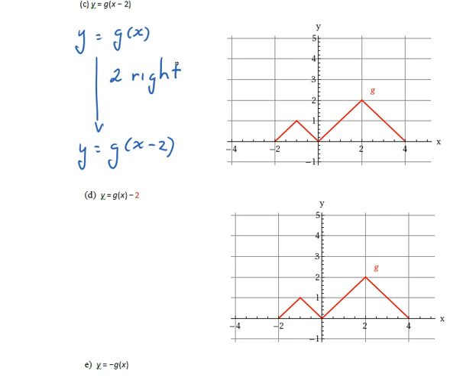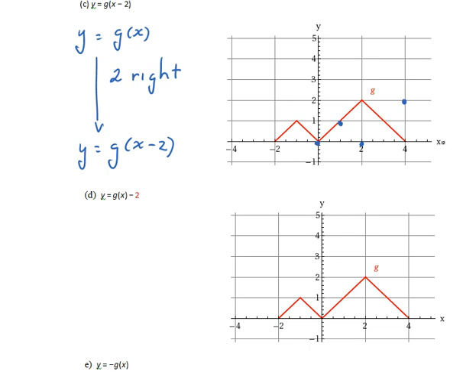And so negative 2, 0 will go to 0, 0. Negative 1, 1 will go to 1, 1. 0, 0 will go to 2, 0. 2, 2 will go to 4, 2.